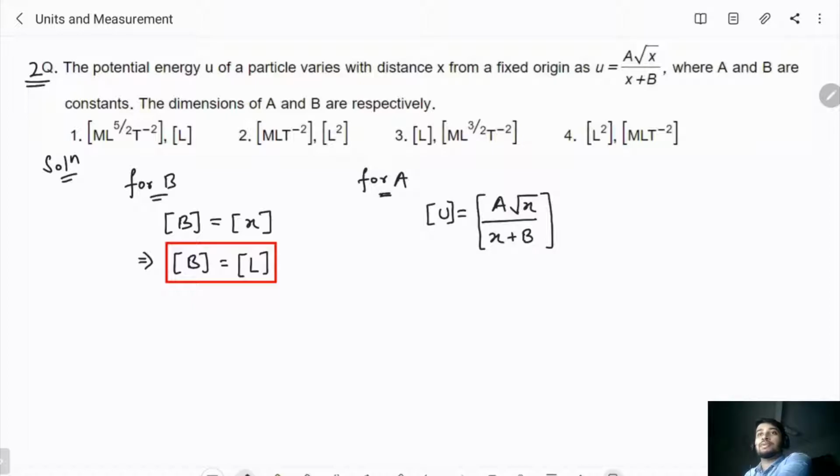Now the dimensional formula for U, which is potential energy, will be the same as that of energy, that is M L square T minus 2.